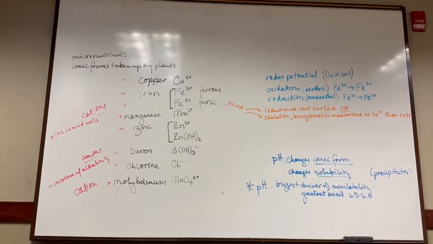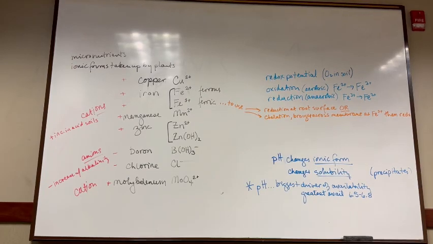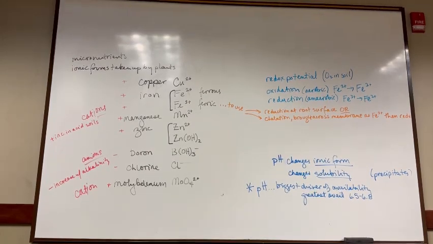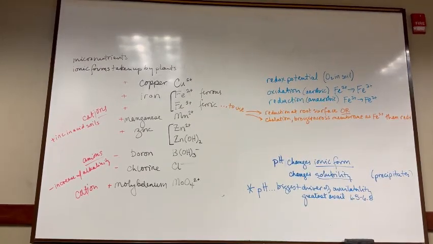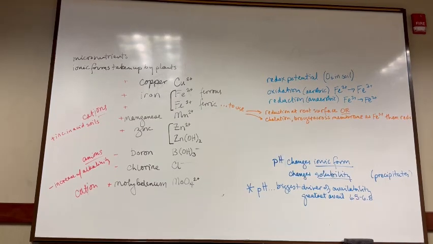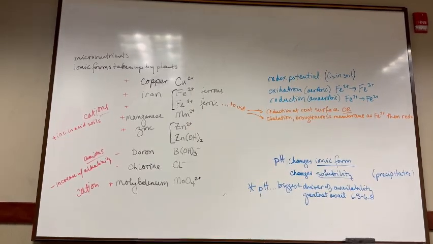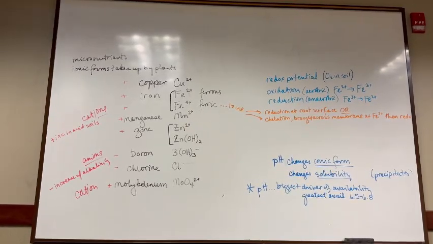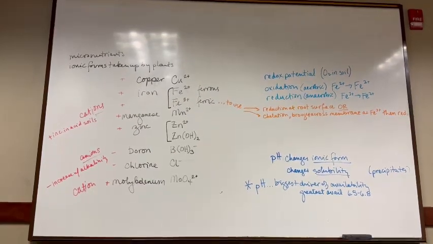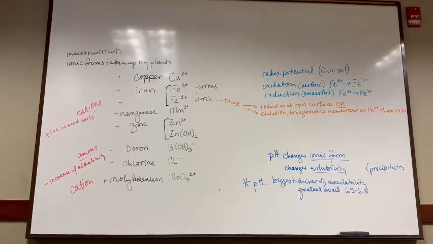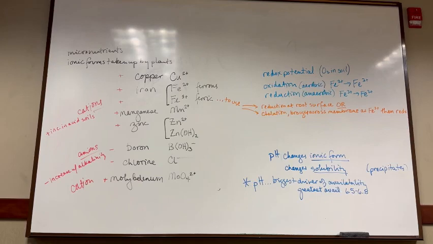For oxidation, you have ferrous iron going to ferric iron in aerobic conditions. For reduction, you have ferric iron going to ferrous iron in anaerobic conditions.